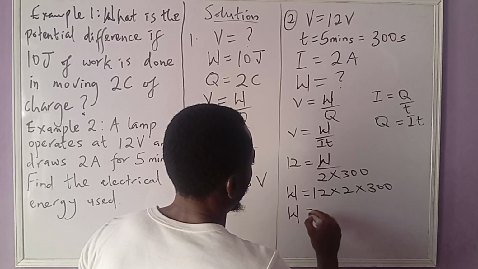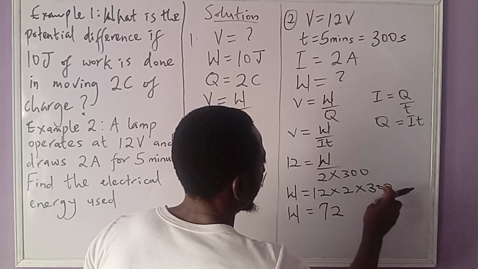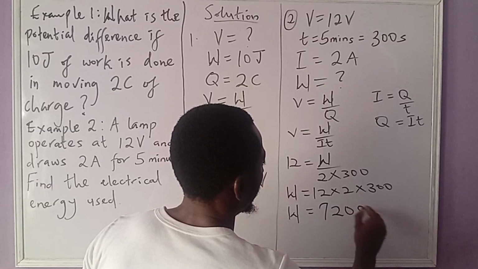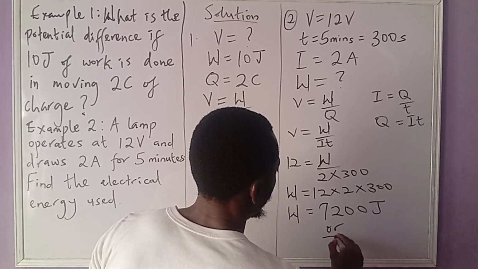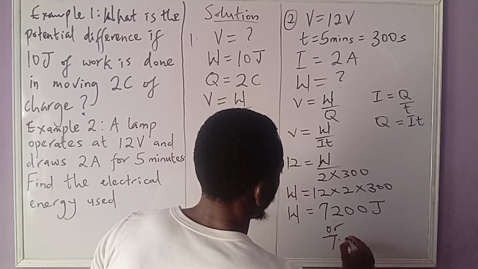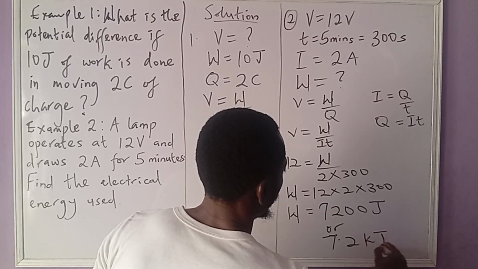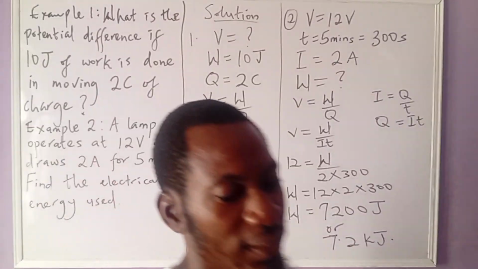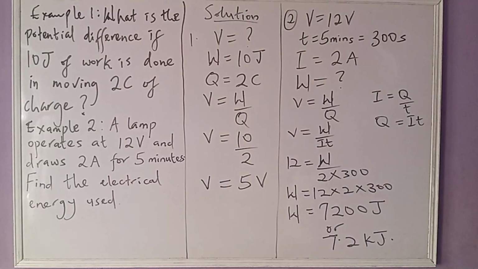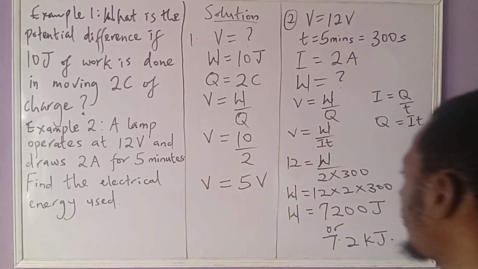And I have 72, and the remaining 2 zeros, 7200 joules. Or I say 7.2 kilojoules. So this is how to solve questions. That's how to put formulas into formulas to get whatever you want and solve your problem easily.